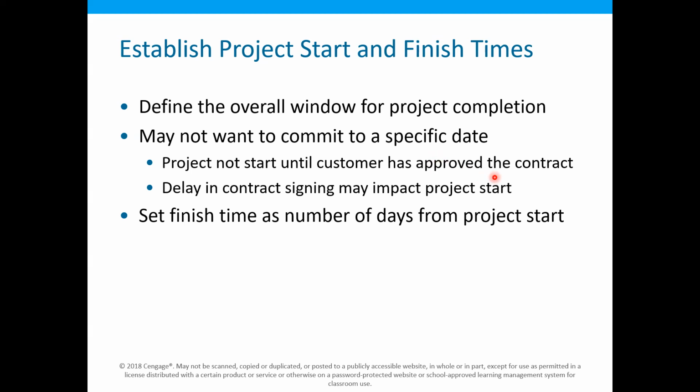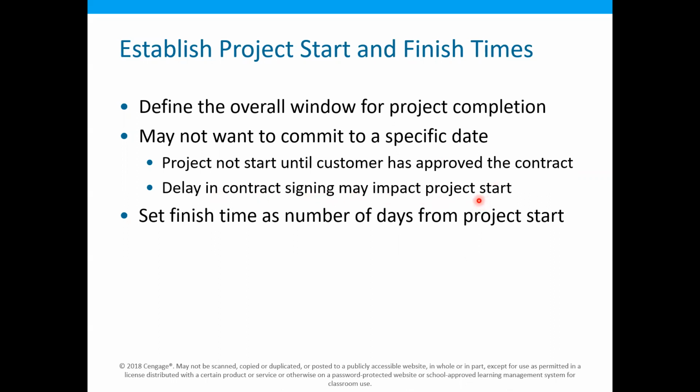In that case, the contractor will commit to this kind of situation. The contractor may say that they would complete the project 7 months from the start of the project, or 6 months from the start of the project, but not to a specific date. Delay in contract signing may impact the project start.